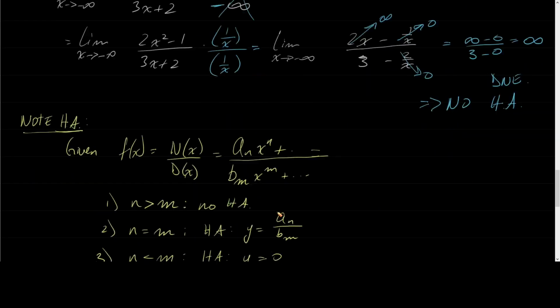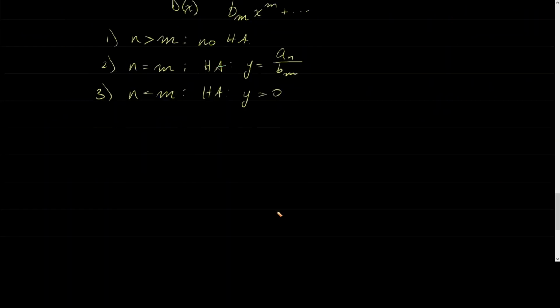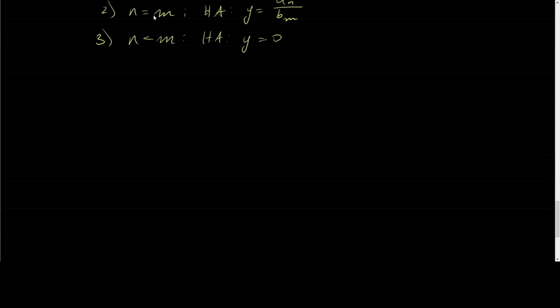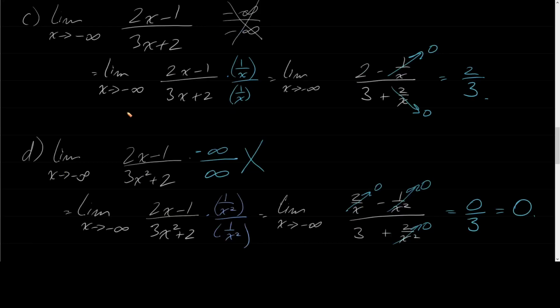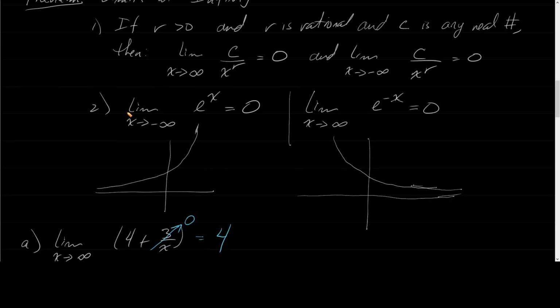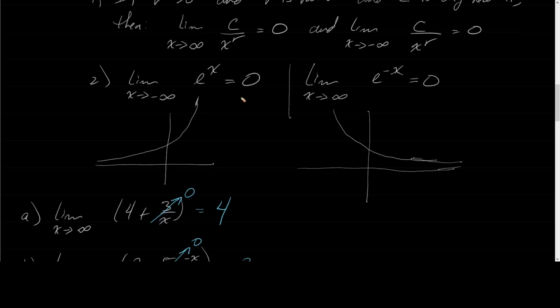All right. So now, what was that? F. So let's see. I have the limit as x approaches infinity of 1 over 1 plus e to the negative x. All right. Well, let's look at what I wrote up here. Here, we have these two limits. As x goes to negative infinity of e to the x, that's 0.